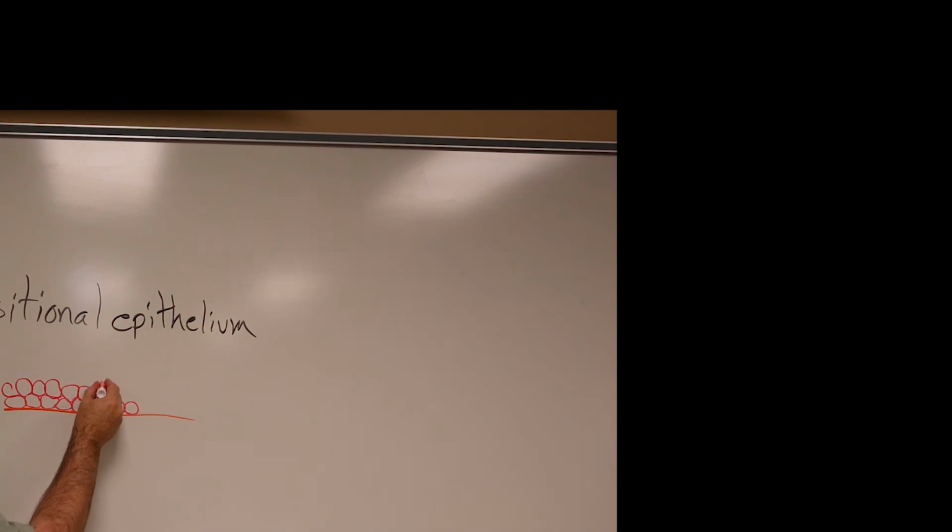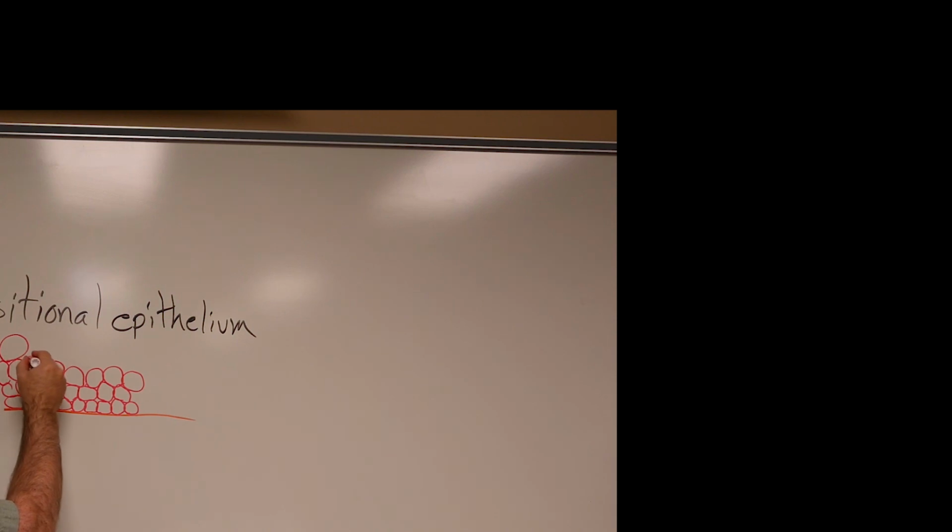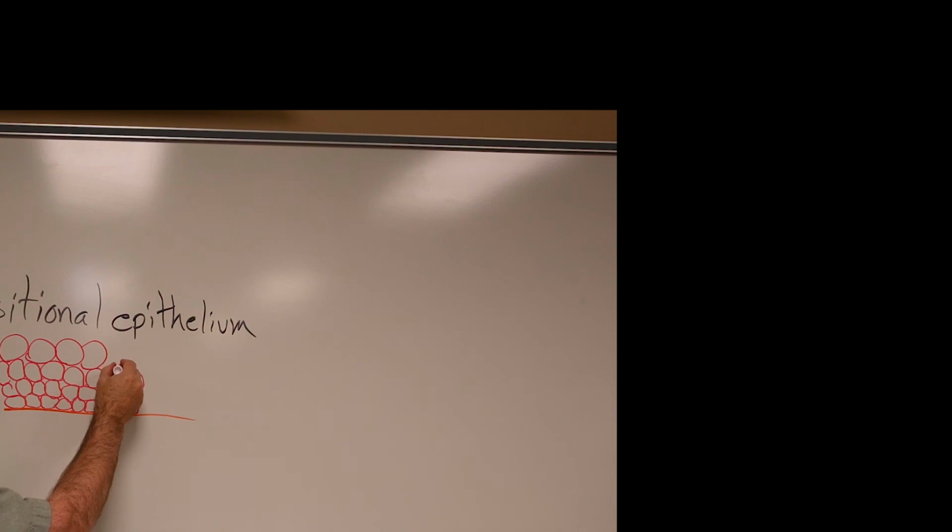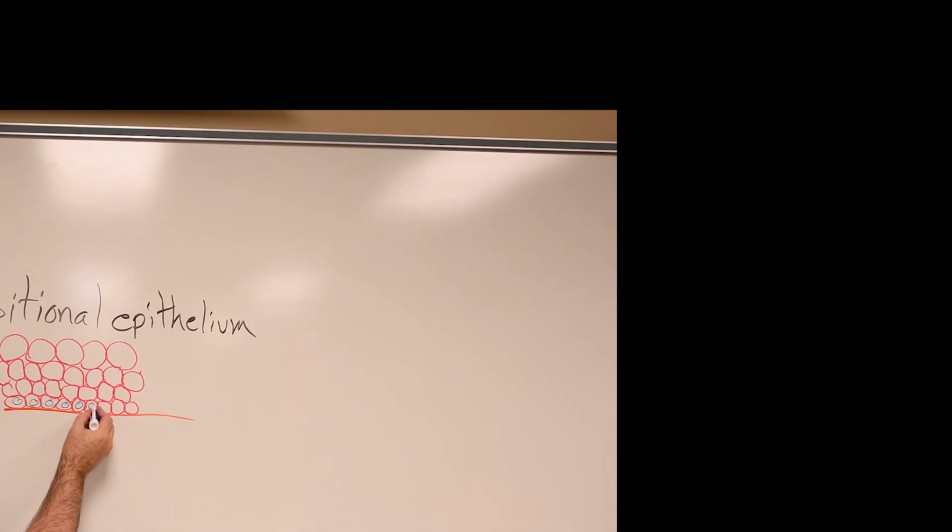They're all pretty much rounded cells. The nuclei in each of the cells is about the same size as you go from the bottom to the top.